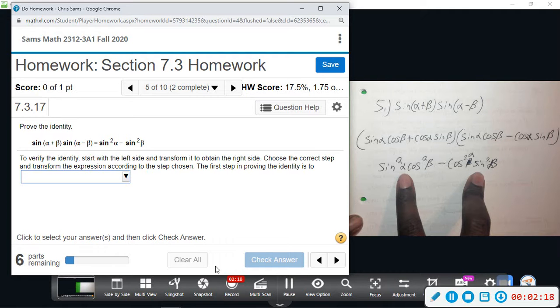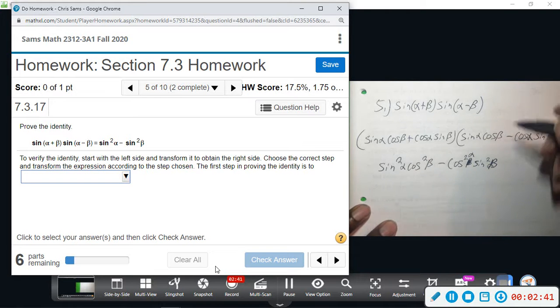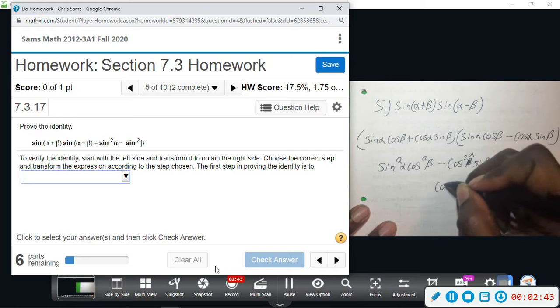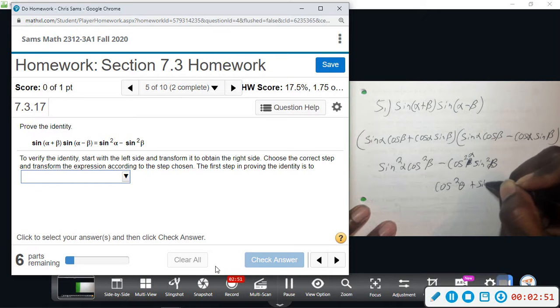And then from here we want maybe to apply the formula for the Pythagorean identity. That is coming from cosine squared theta plus sine squared theta equals 1.